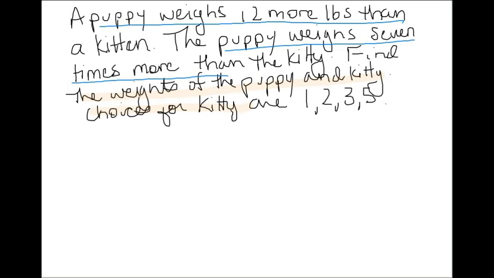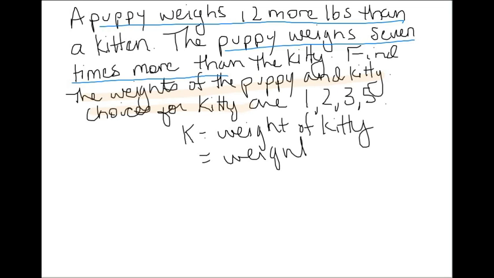So I'm going to say that K is the weight of the kitty. Well then, how would I represent the weight of the puppy? And remember, I have to make it a relationship to the weight of the kitty. Well, I could look at this first one and say, the puppy weighs 12 more pounds, so that would be K plus 12.